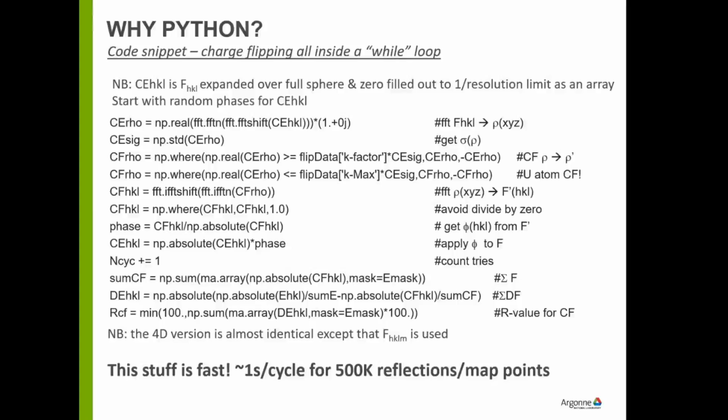And you do this fast Fourier transform, which converts structure factors to density. Get the standard deviation of the density because you're going to use that to establish what the flipping is. That's what this is. This is basically a big if statement that says all those points inside that which are greater than something or other, leave it alone, otherwise flip.